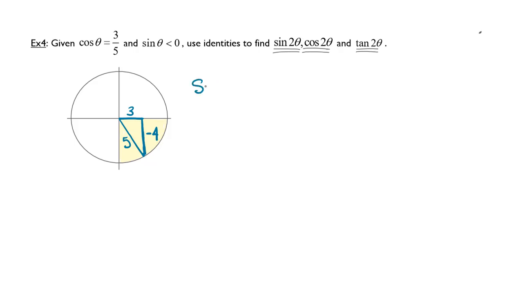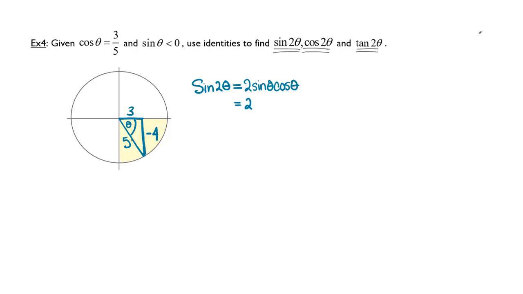Now let's find sine of 2 theta. Sine of 2 theta is going to be 2 sine of theta cosine of theta. I'll replace the sine of theta with the value I would get if I'm using theta to find sine of theta.